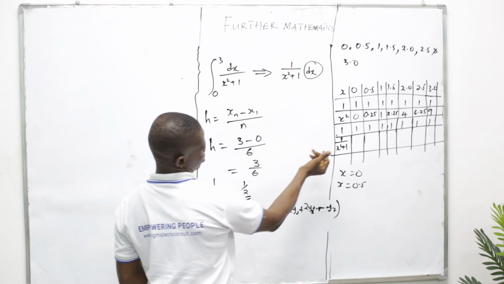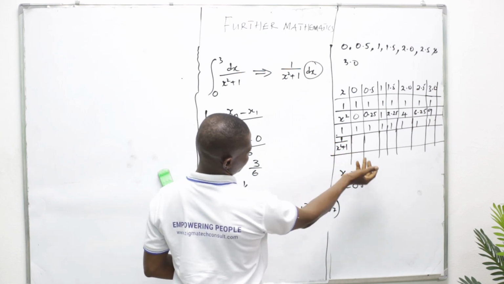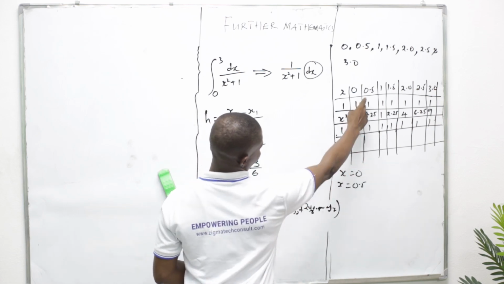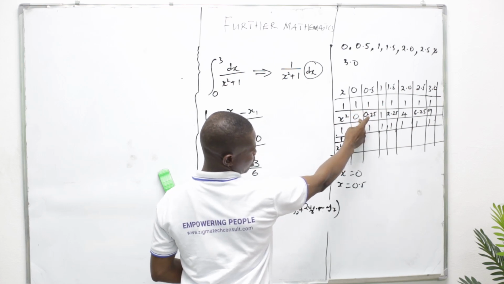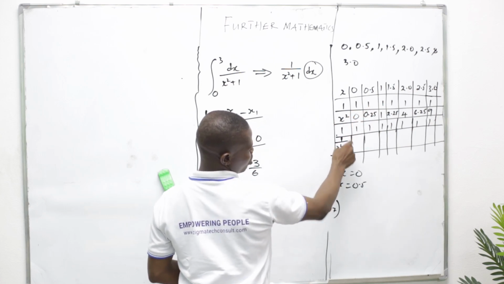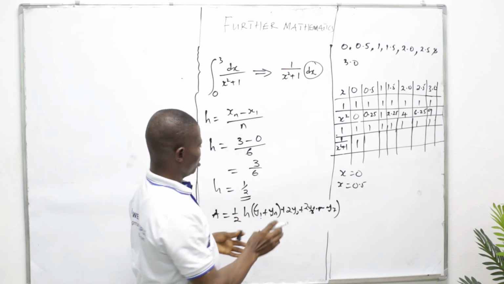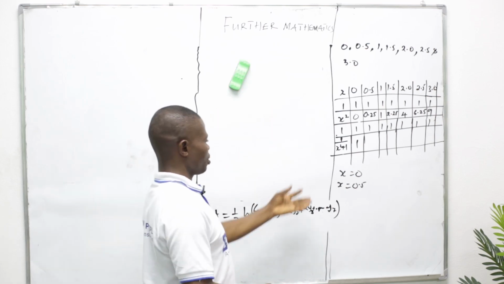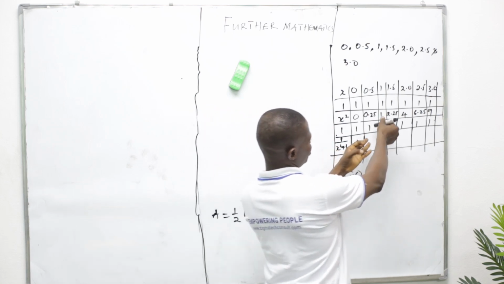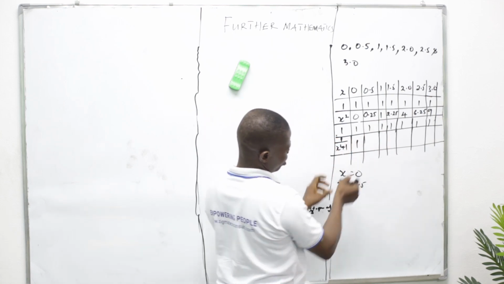Let's treat 1 all over s squared plus 1, meaning 1 all over s squared, where s is 0, plus 1, meaning 1 over 1, which is 1. Settled? Look at what I did. Trying to get the second, that's this one.